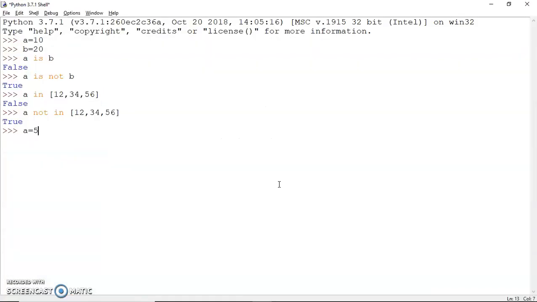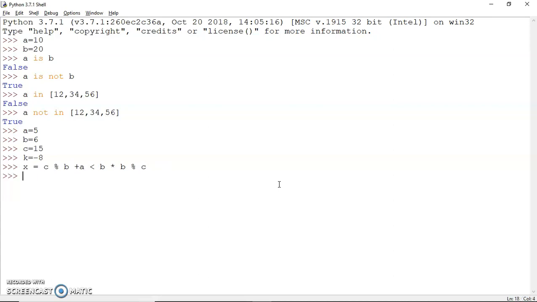So a is equal to 5, b is equal to 6, c is equal to 15, and k is equal to -8. You can write these, and then I can copy the expression.